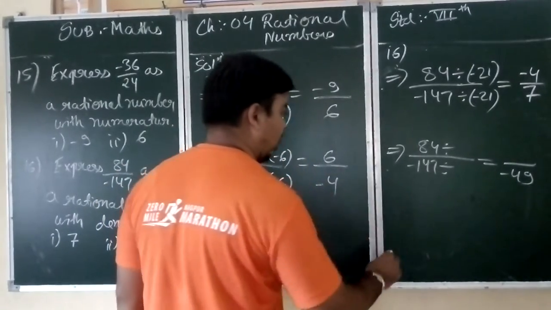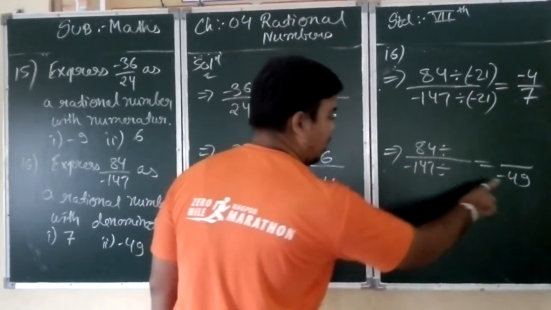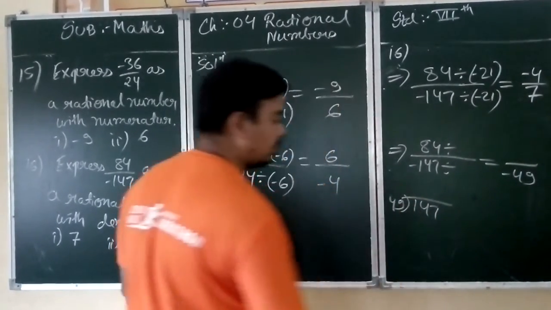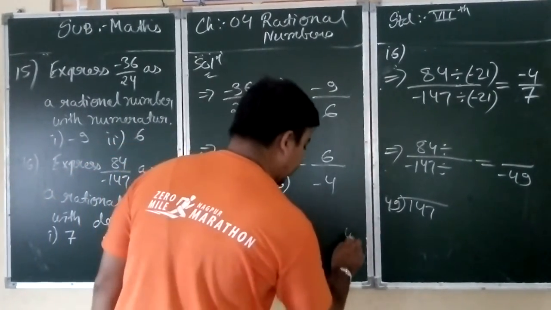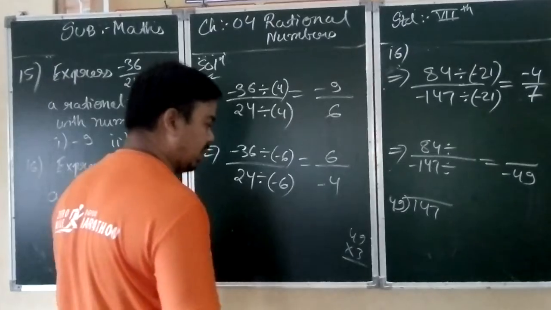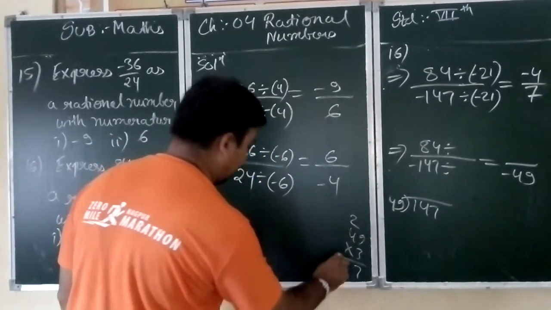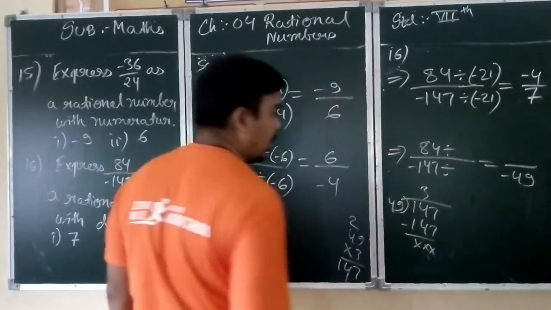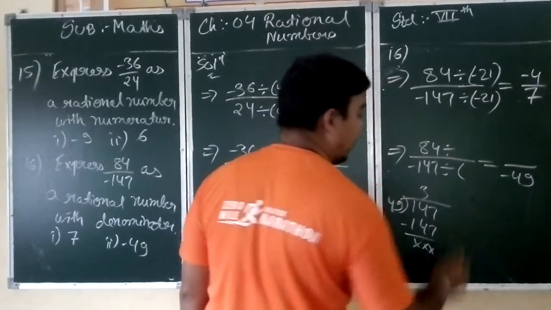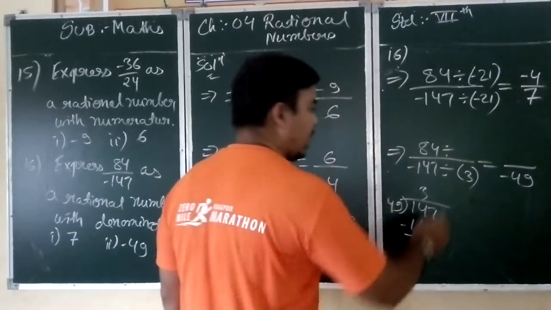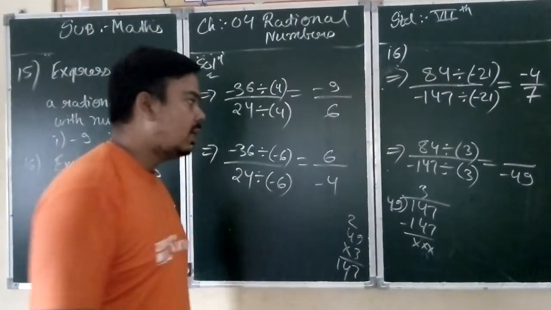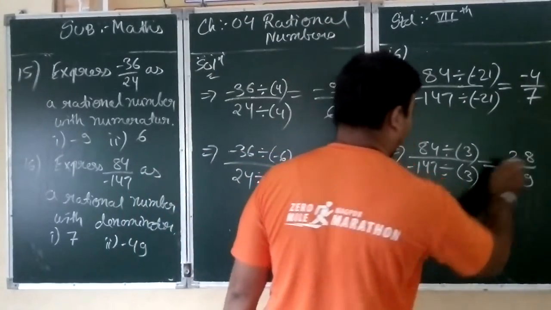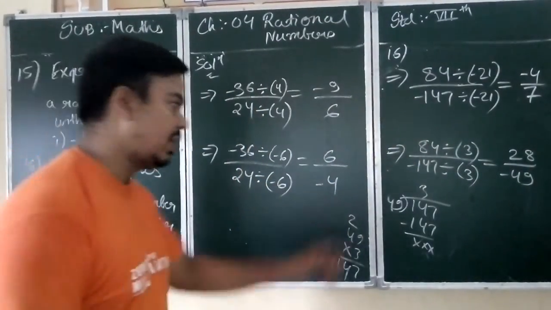Minus 147 divided by minus 49: 49 times 3 is 147. So this is negative, which means the division is positive 3. Same, 84 is also divided by 3. 3 times 8 is 24, so 84 divided by 3 is 28. So the answer is 28 by minus 49.